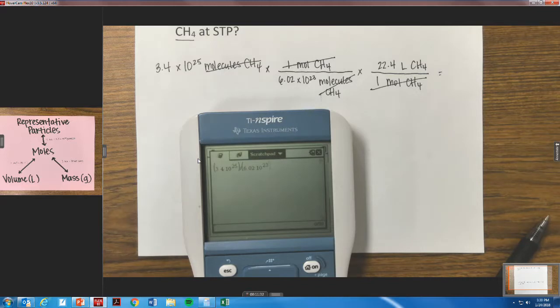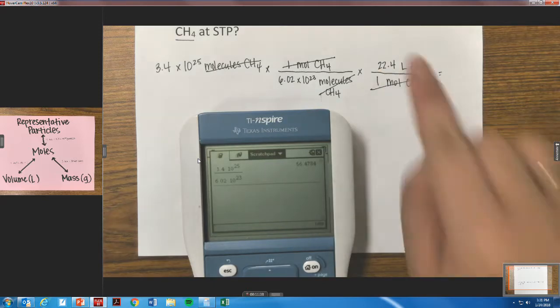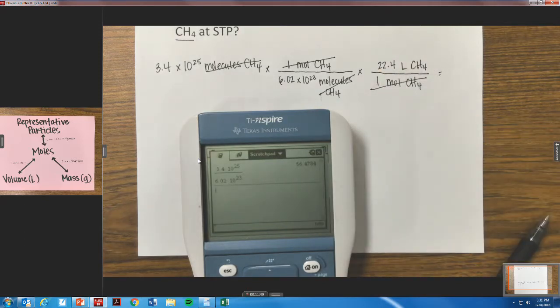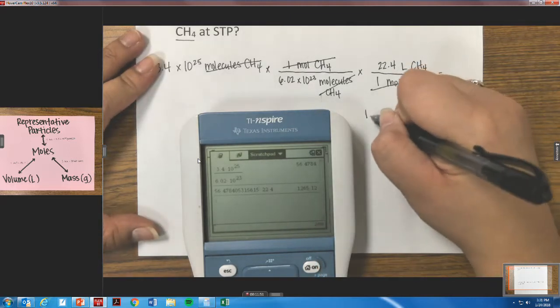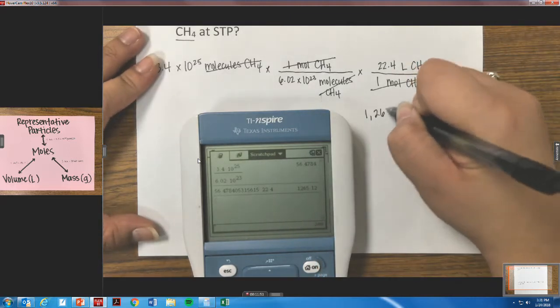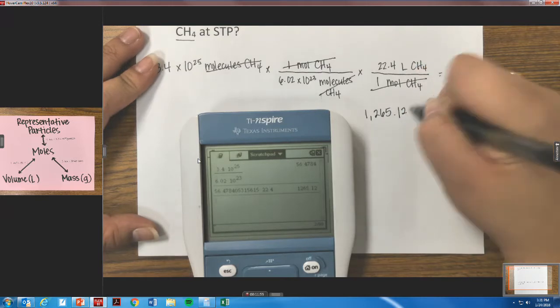I like doing one step at a time. So enter, and then that needs to be multiplied by 22.4. Our answer is 1,265.12.